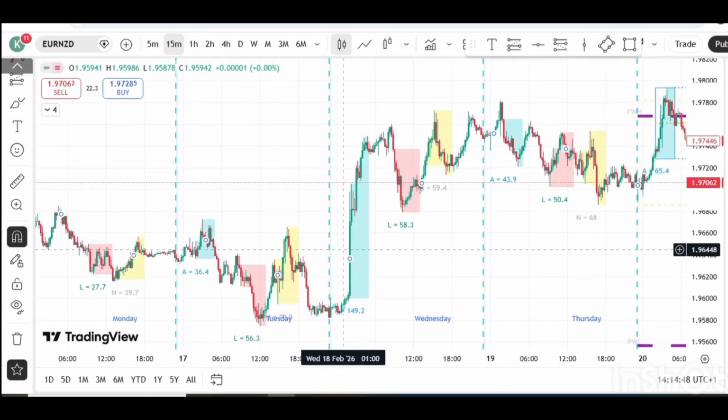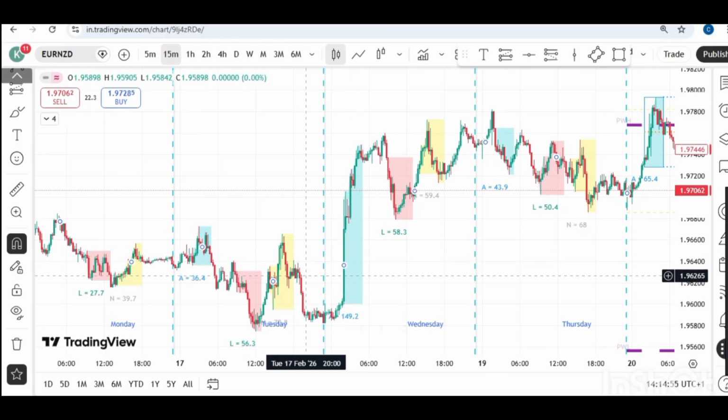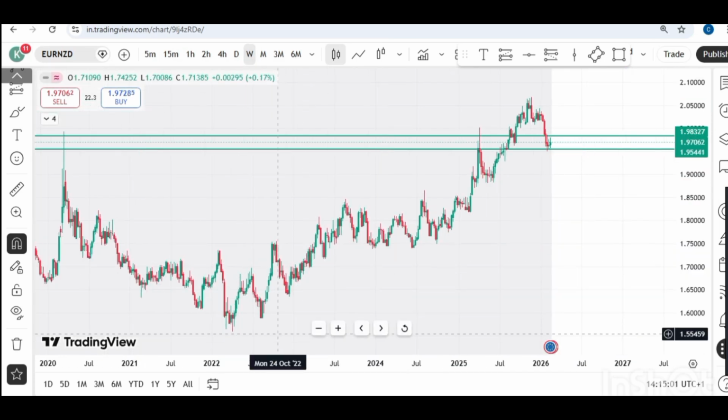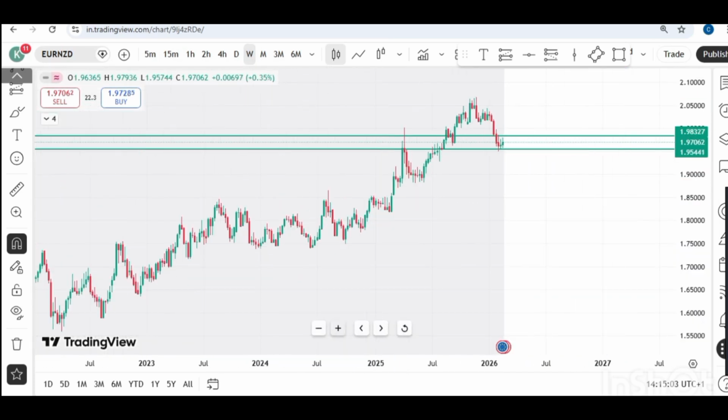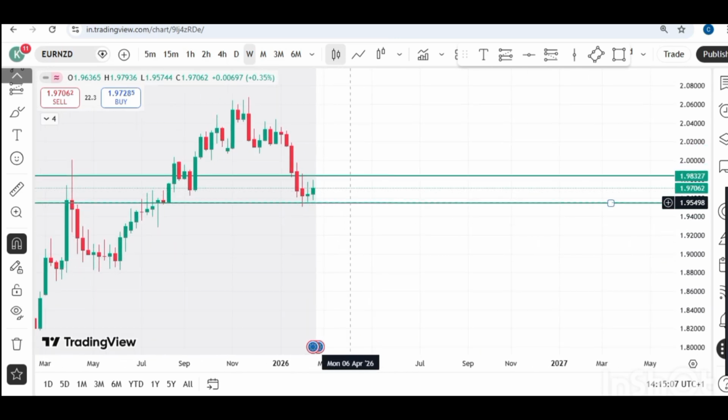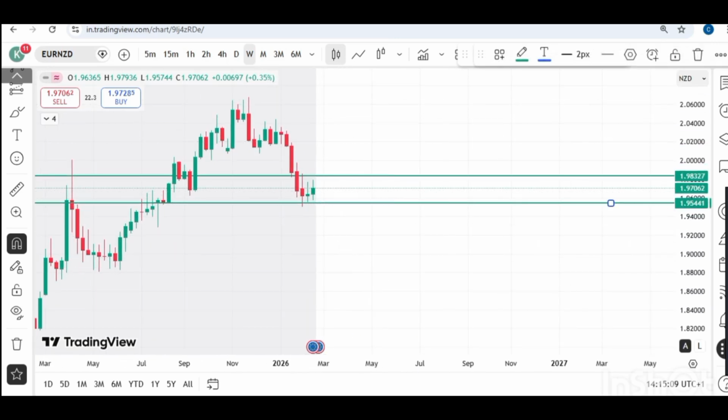So I had to go review this trade again to find out why I got stopped out. So I went back to my weekly time frame, and the reason why I got stopped out is, even though the weekly was in a downtrend, I failed to acknowledge this inside day that was formed last week.